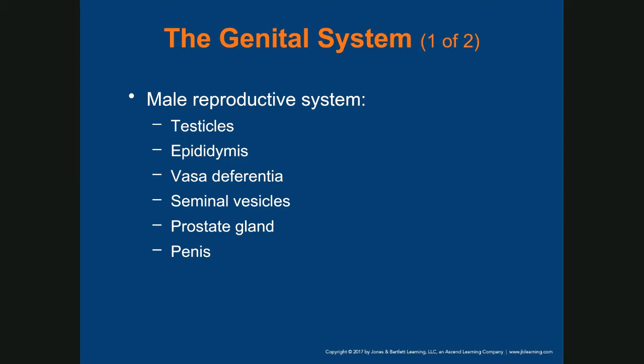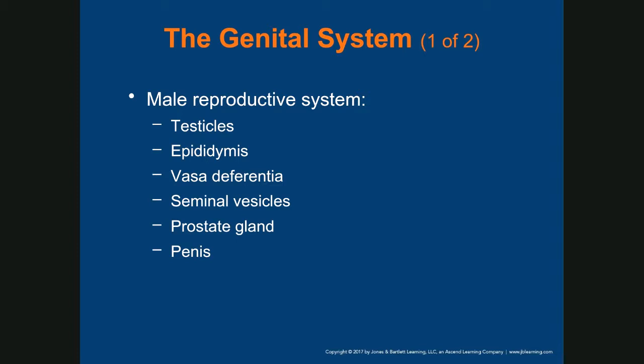The epididymis is a coiled tube that stores sperm and transports it from the testes. The vasa deferentia is a duct that conveys sperm from the testicle to the urethra.